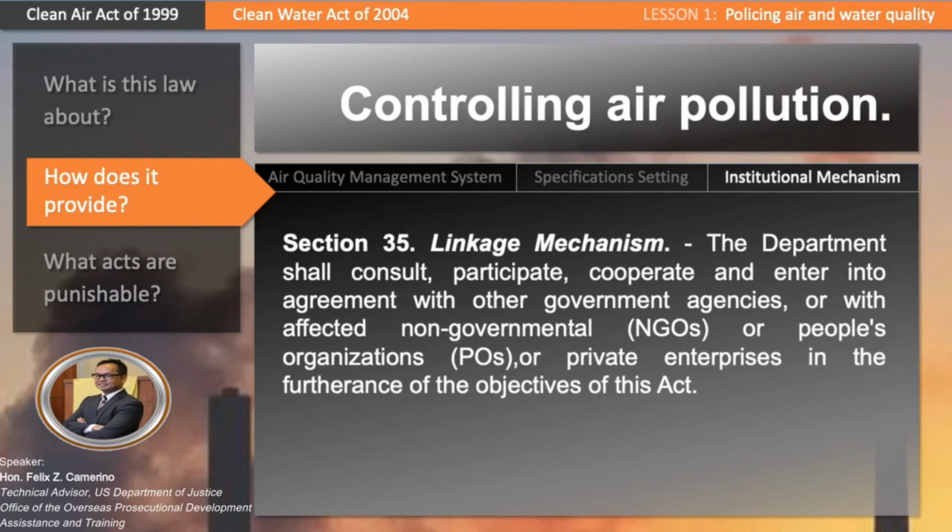The specific provision says that the department, in this case DENR, through EMB, shall consult, participate, cooperate, and enter into agreement with other government agencies or with affected non-governmental or people's organizations, or even private enterprises in the furtherance of the objectives of this act.